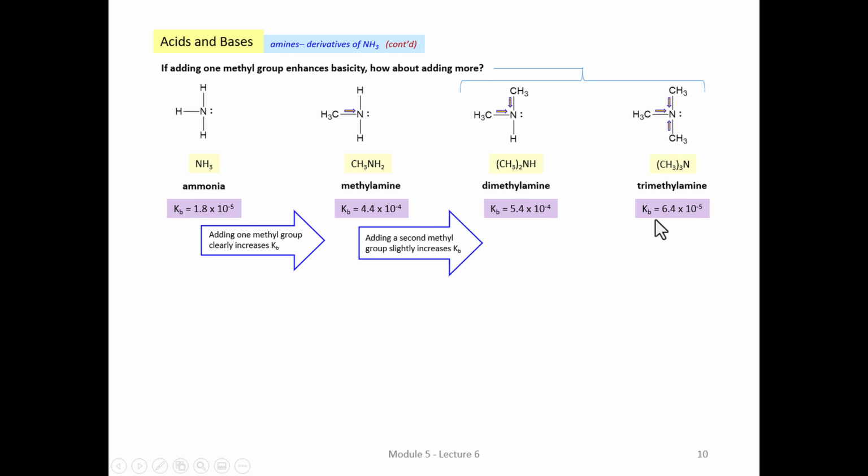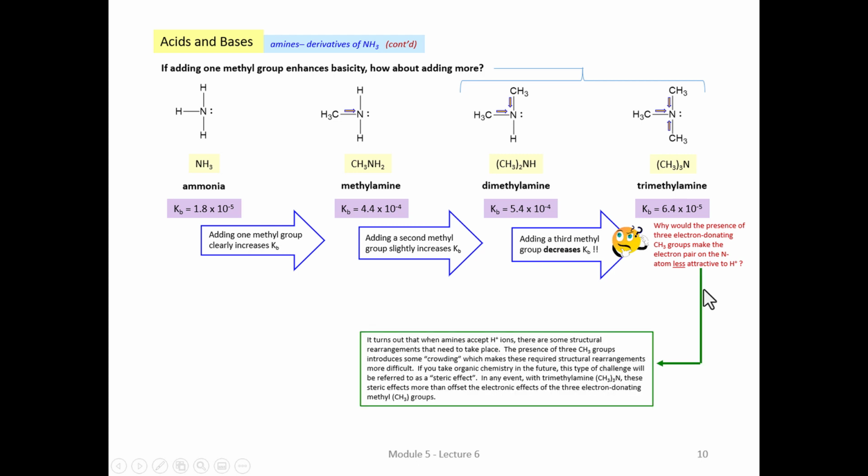And surprise, surprise, adding a third methyl group decreases the Kb value. In other words, suddenly this is a worse base. Well, this seems a little counterintuitive. Why would the presence of three electron donating methyl groups suddenly make the electron pair on the nitrogen atom less attractive to a hydrogen ion?